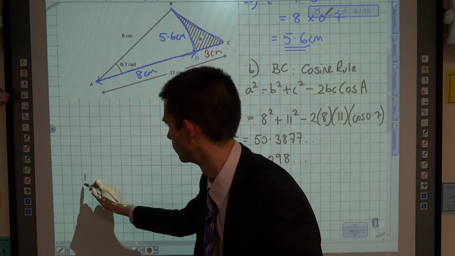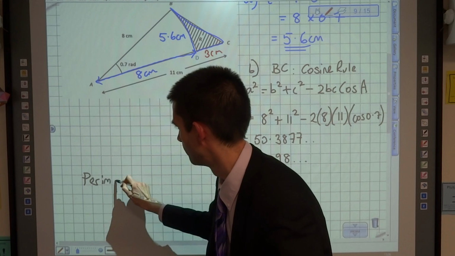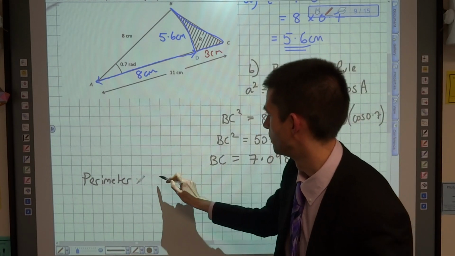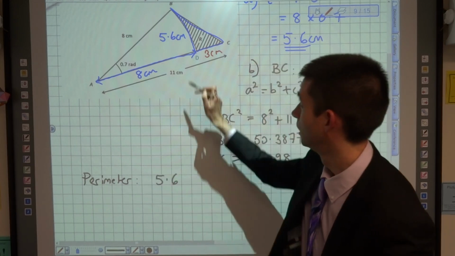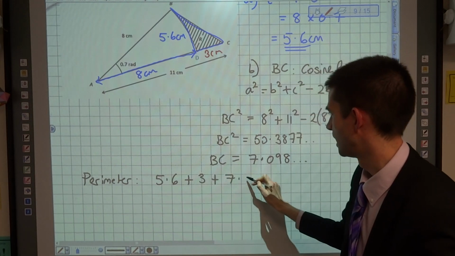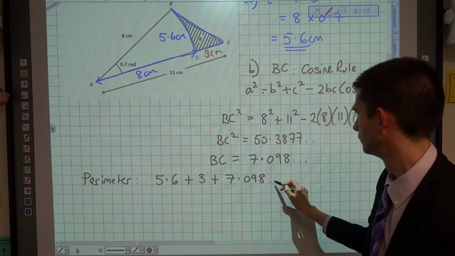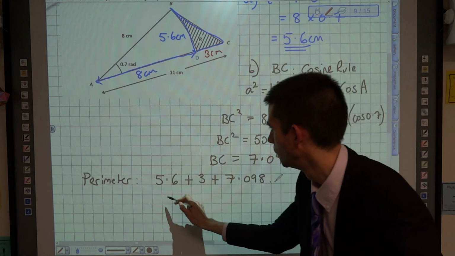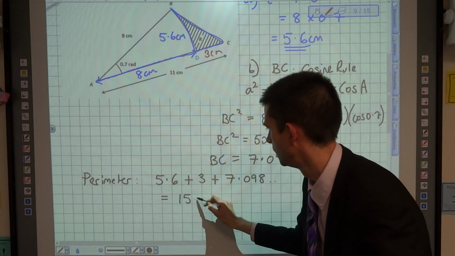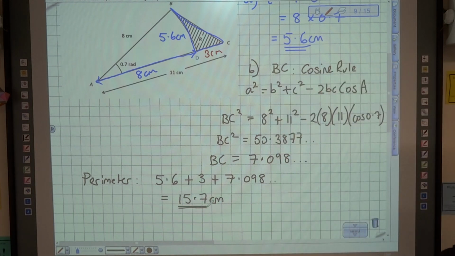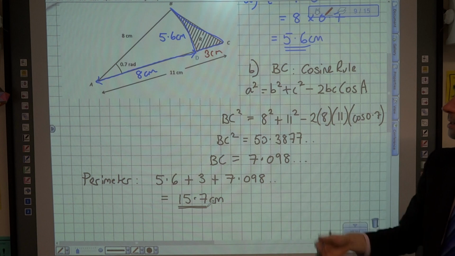Therefore, my perimeter of R is going to be the sum of those 3 lengths: the 5.6, which is the arc BD, plus 3, plus that answer there, which to 3 significant figures is 15.7 centimetres. So that's the perimeter of that region R.